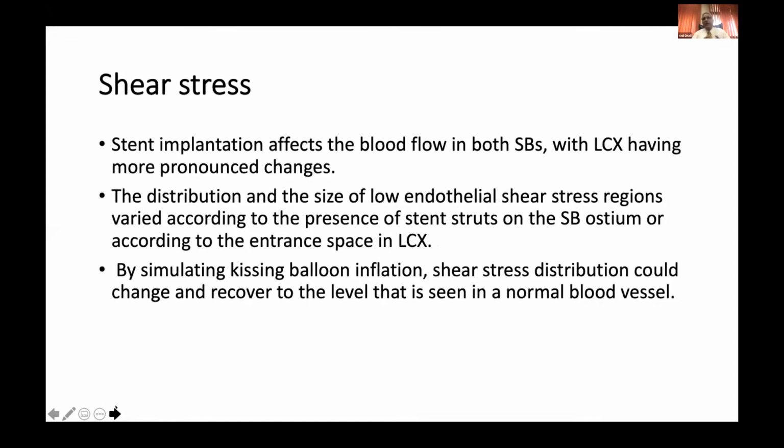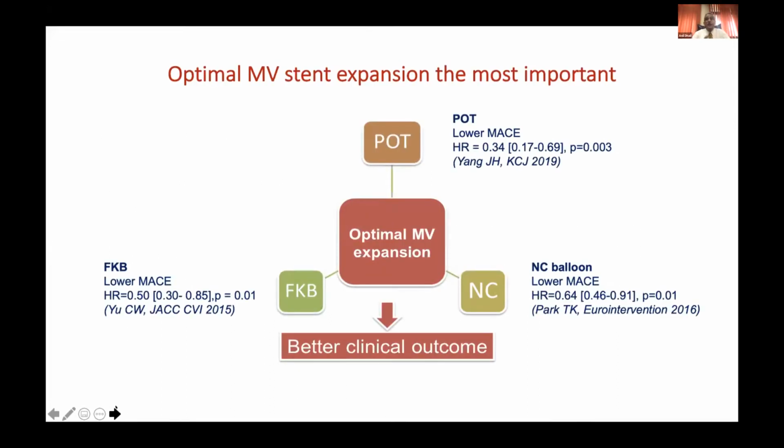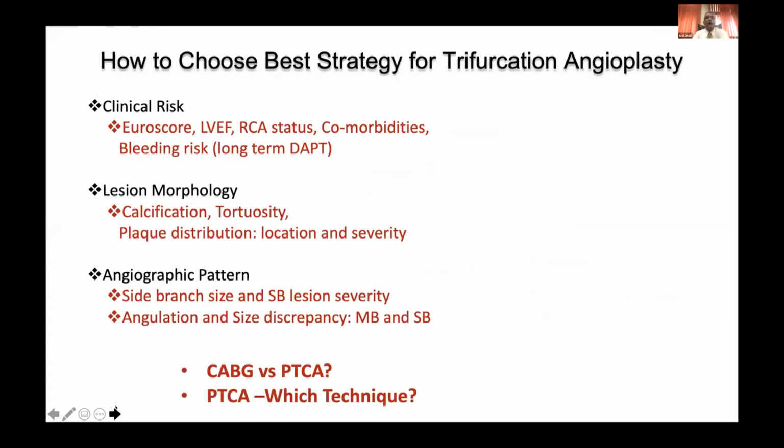We also understand that the problem of having 3 or 4 branches to address simultaneously is that we are creating a lot of shear stress, especially with stent implantation. And also, we may be able to distort a lot of these stents. So we need to have an optimal stent expansion, and we need to judiciously use proximal optimization and a better technique, preferably under image guidance, to achieve better outcome.